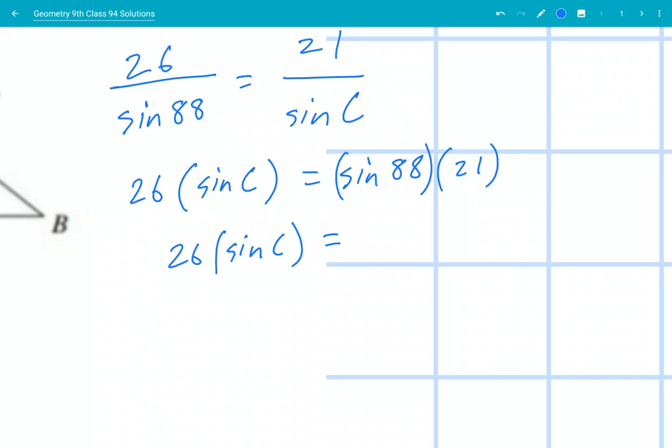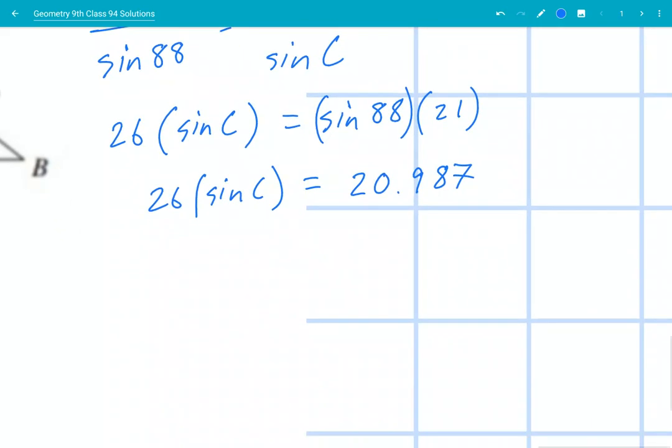So I'm going to go to 3 decimals until we get the answer, to the thousandths. 20.987, like that. Now we want to find C. So before we do the inverse sine, we're going to divide both sides by 26.